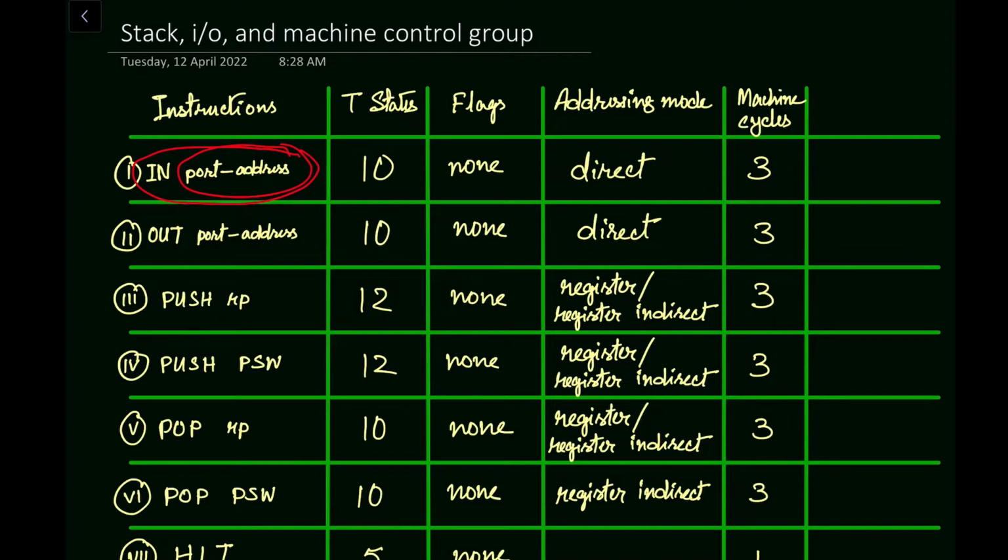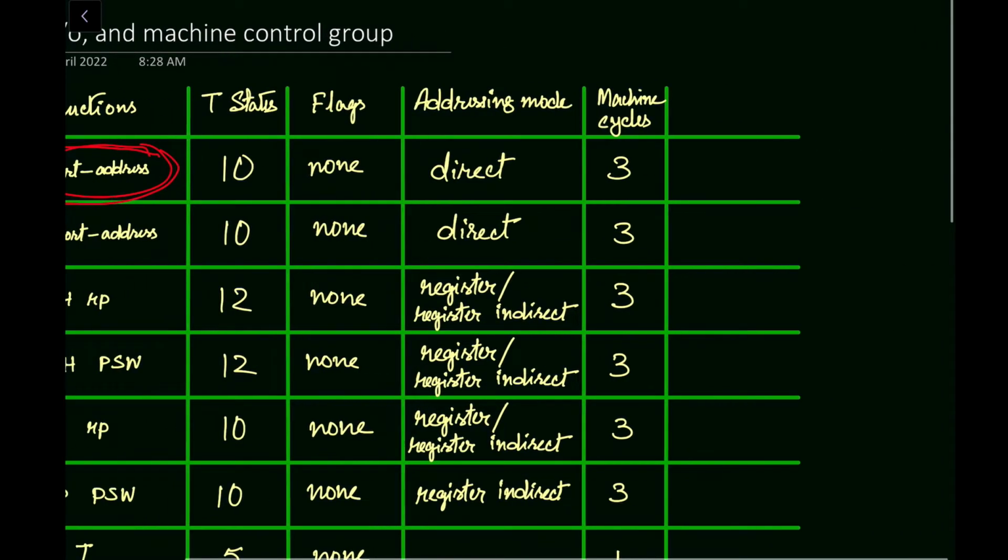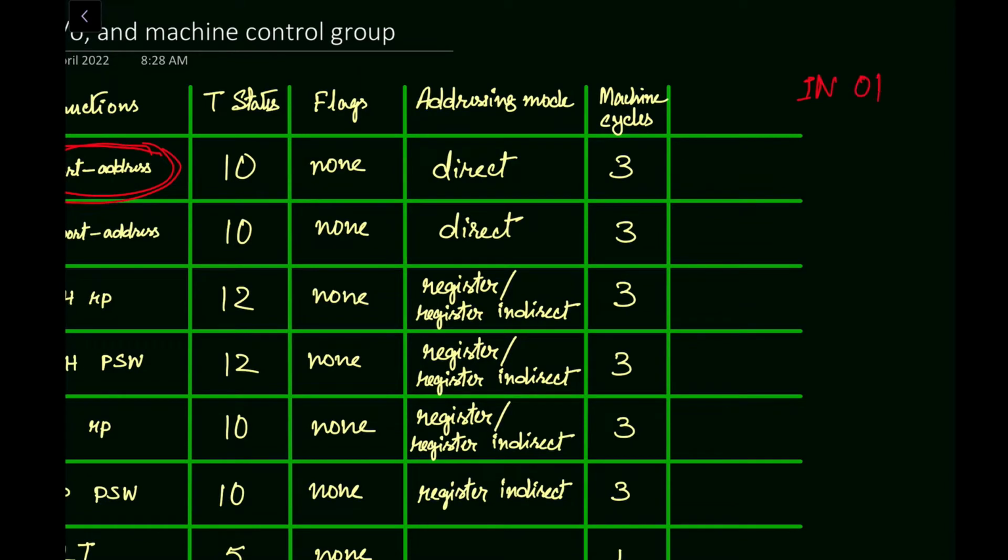Suppose we have IN 01. This 01 is the port address. Whatever the data available in that port, that will be moved into the accumulator.